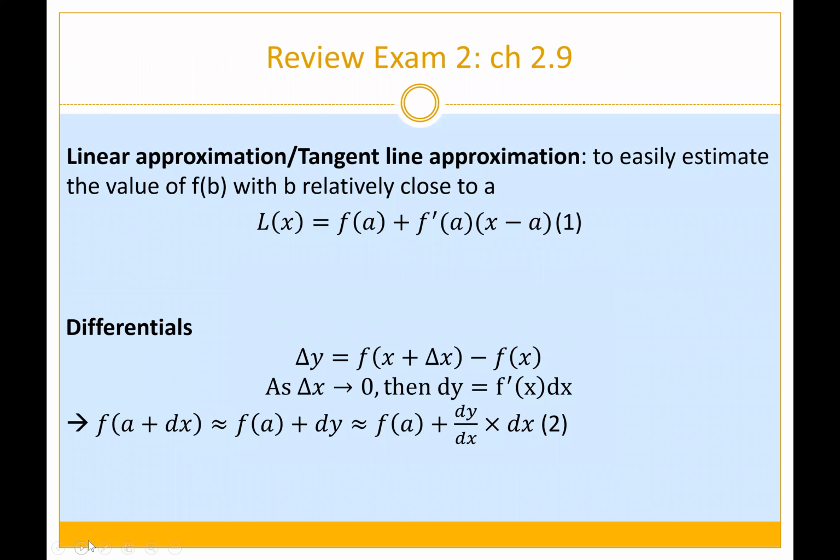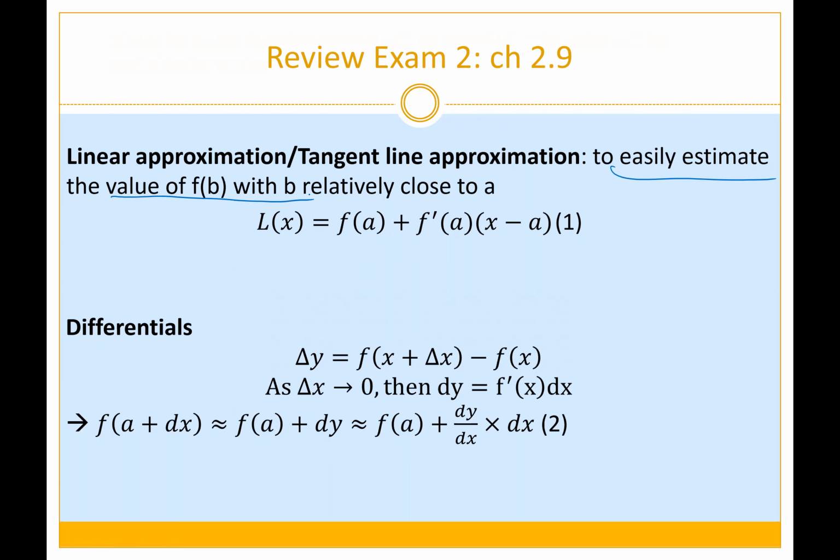So first of all, exam 2 started with chapter 2.9, which is linearization and linear approximation. The purpose of linear approximation is to easily estimate the value of f(b) with b relatively close to a, but it's not a very rounded or easily found value. Say something like square root of 4.2.